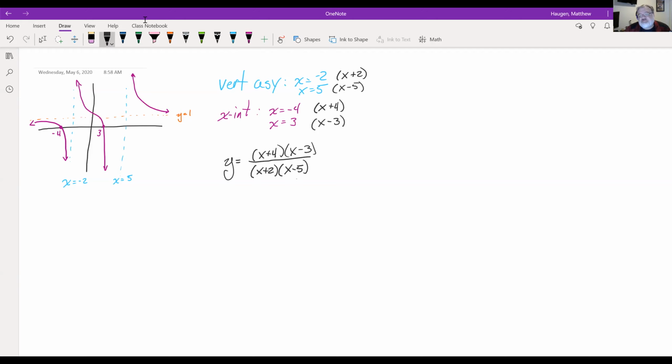So, speaking of horizontal asymptotes, if we were to multiply both of these out, we'd have x squared plus x minus 12 over x squared minus 3x minus 10.